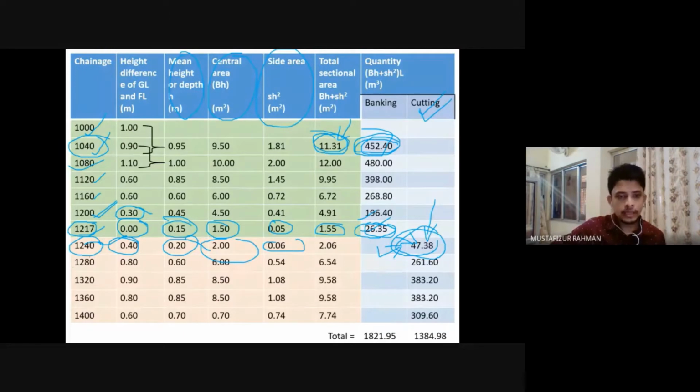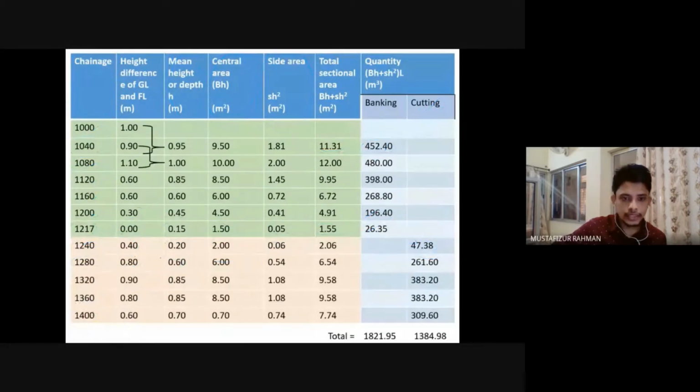Then 1280, these things are again the same. Now we are going 40 meter, so no issue. What are the heights at the different ends? What is the average one? Now where is this average from? Please don't get confused later. This average is from this one and this one, and this average is from these two, and this one from these two.